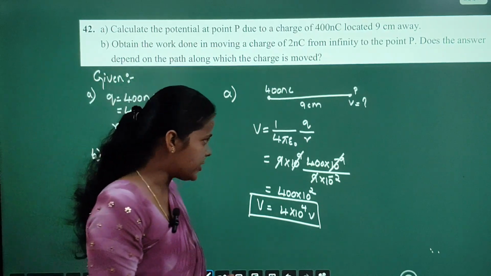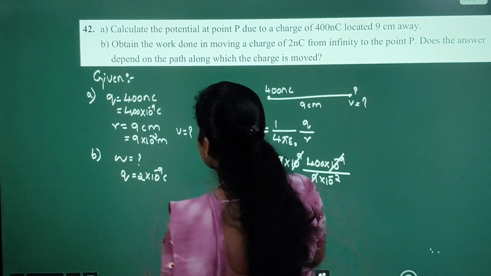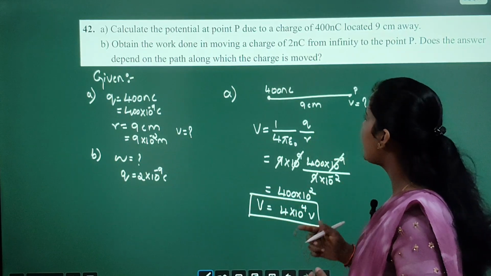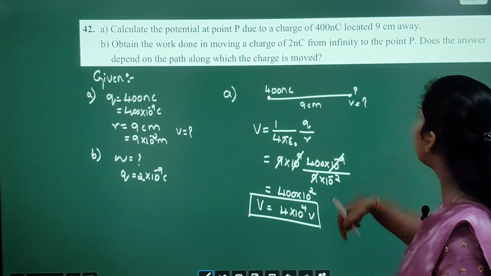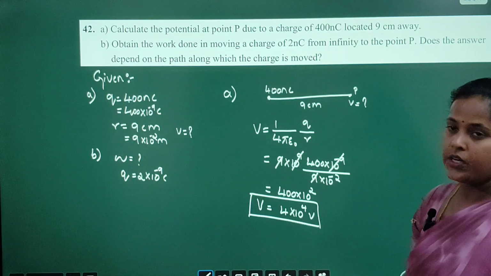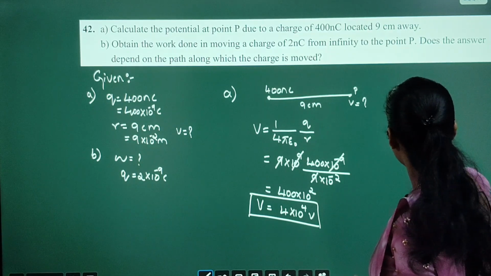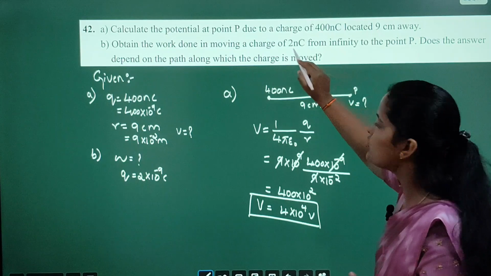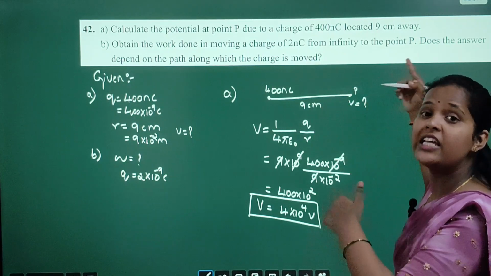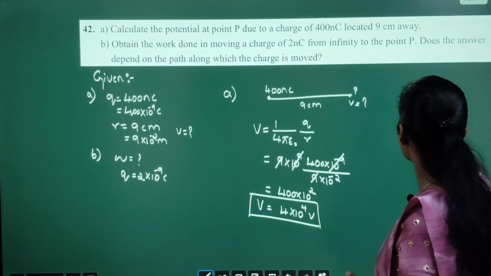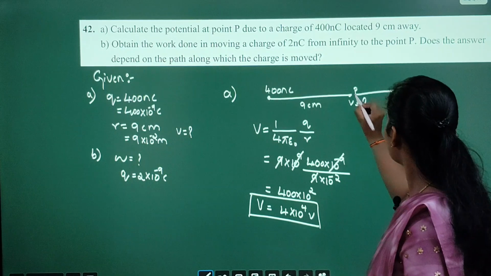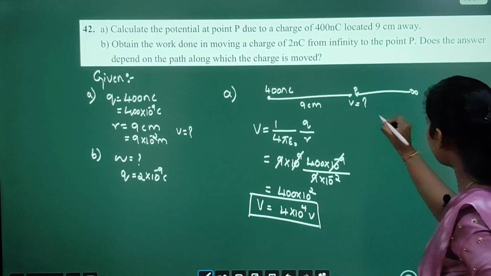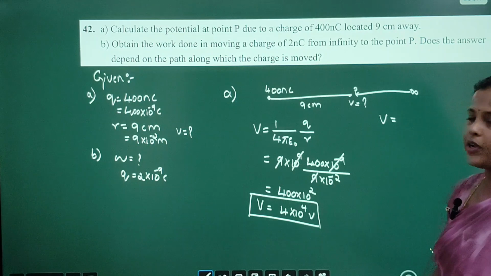Now, what do we have to find out here? The second sub-question: obtain the work done in moving a charge of 2 nanocoulomb from infinity to the point P. From infinity, we have to bring the charge of 2 nanocoulomb to the point P. What is the formula?